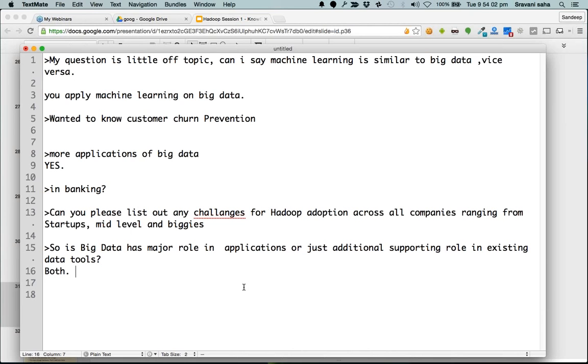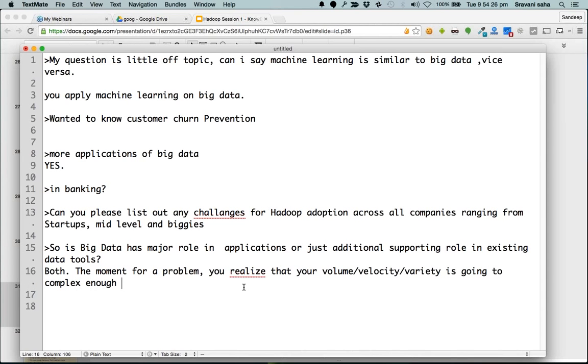The moment, for a particular problem, you realize that your volume, velocity, or variety is going to be complex enough that you can't use existing tools.